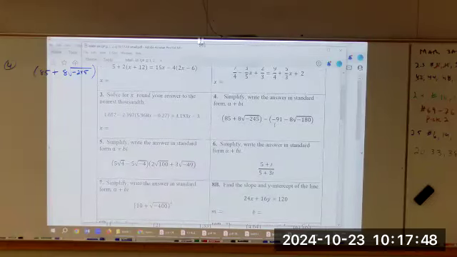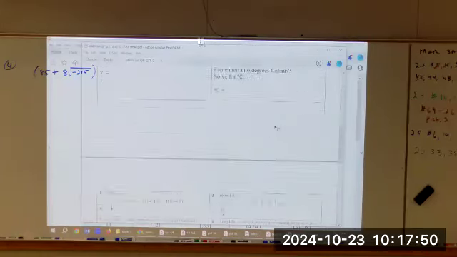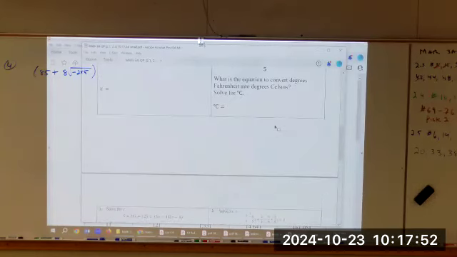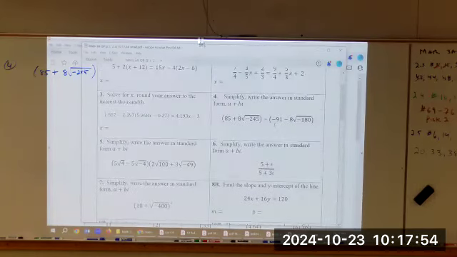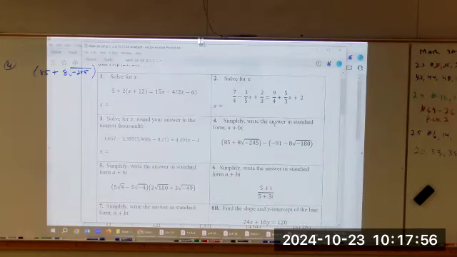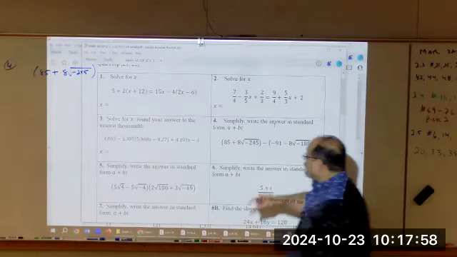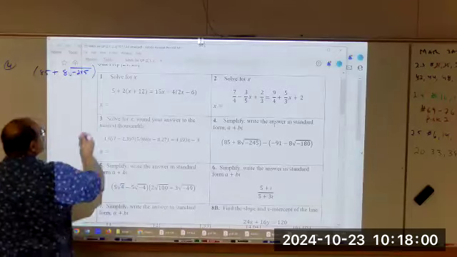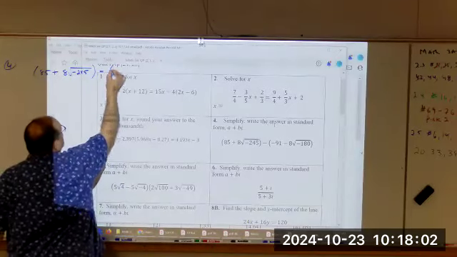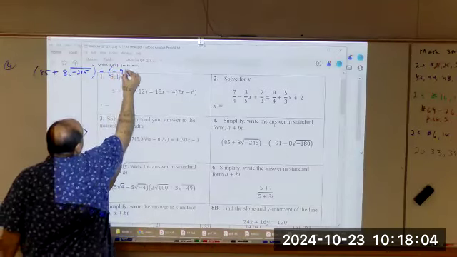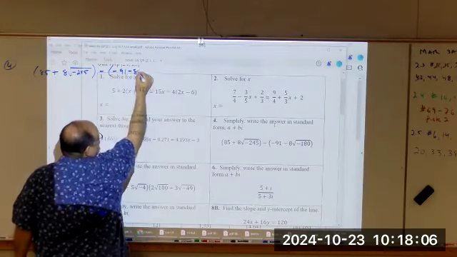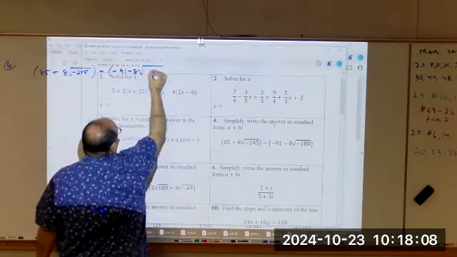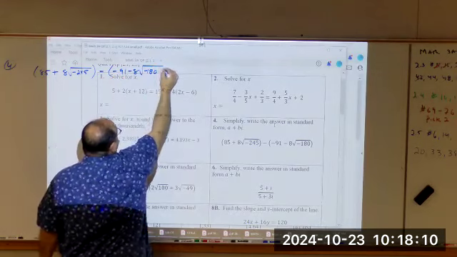It's missing the parentheses. So it didn't copy over correctly. Minus negative 91 minus 8 square root negative 108.